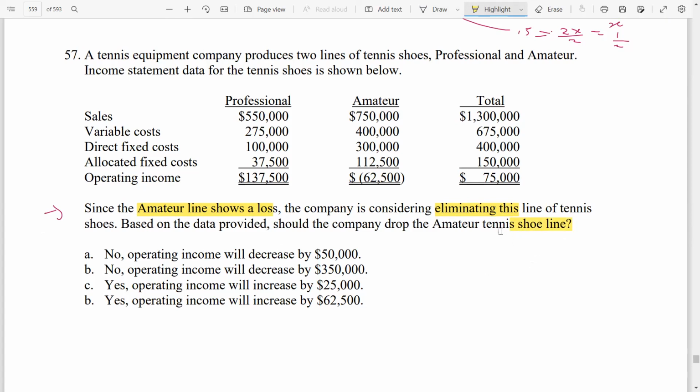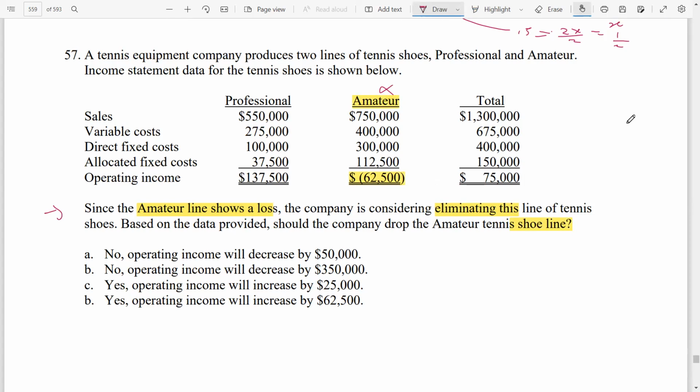I recommend that when you're doing this, you know right now the decision is whether to drop amateur or continue. Amateur has an operating income of 62,500.